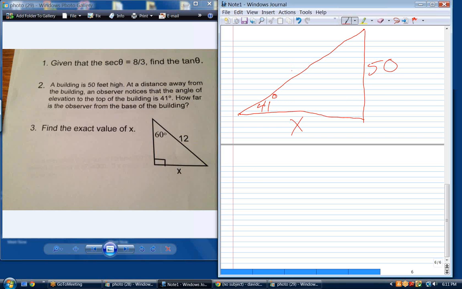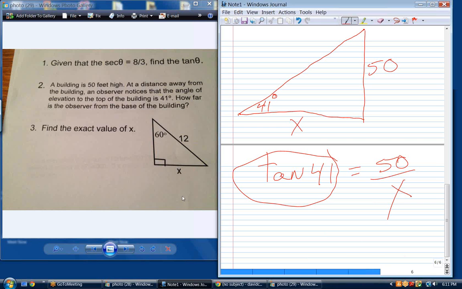What trig function relates 50 and x together? Tangent. So what equation can I write? The tangent of 41 equals 50 over x. Correct. Then x is a number you can get out of your calculator.